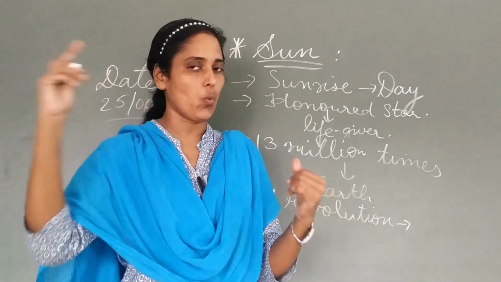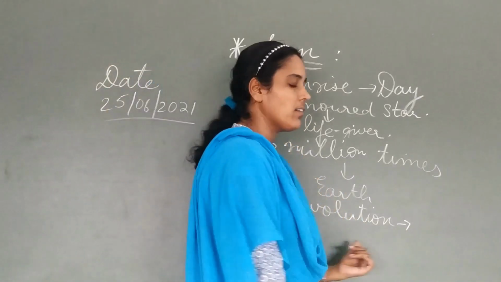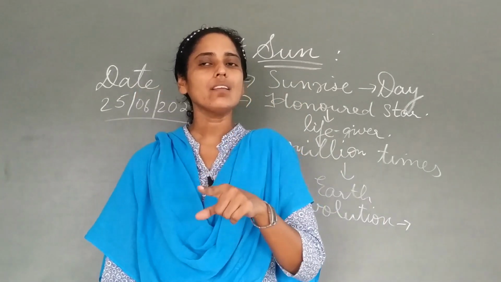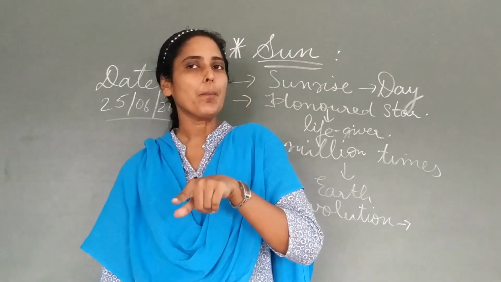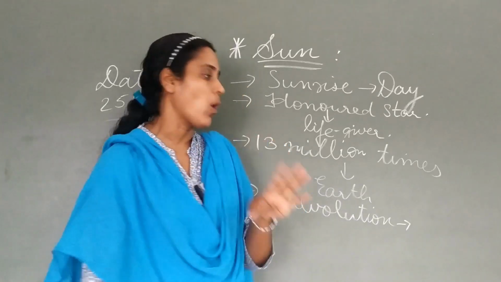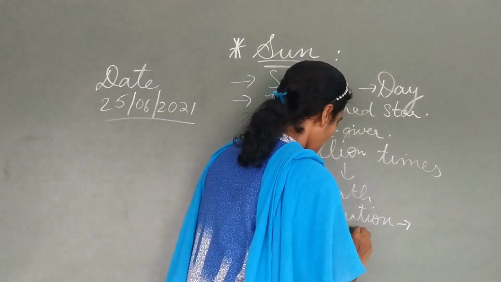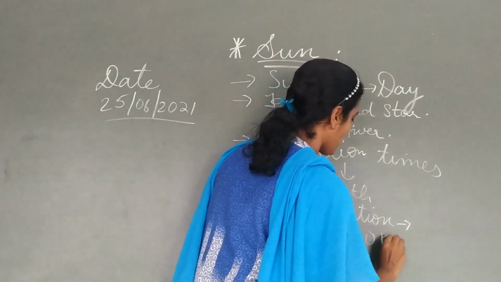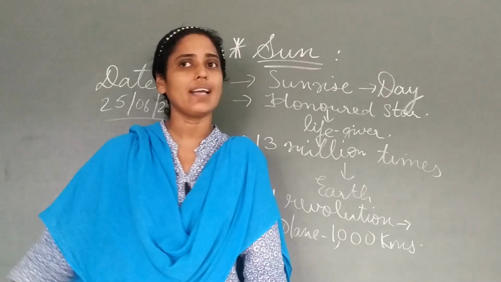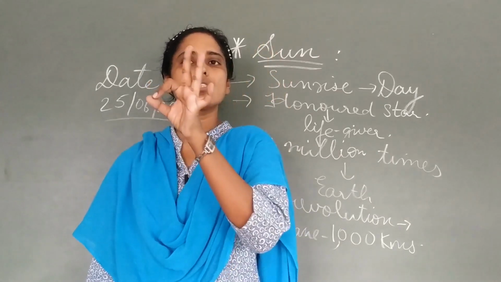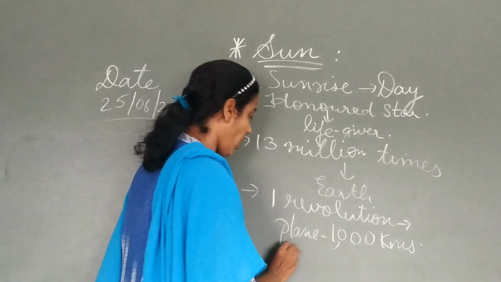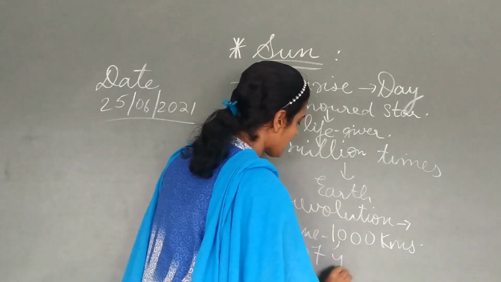But for one orbit around the Sun, you have to sit in a plane running at a velocity of 1000 kilometers, and even then it will take about 107 years to complete that single revolution. How many years? 107 years.